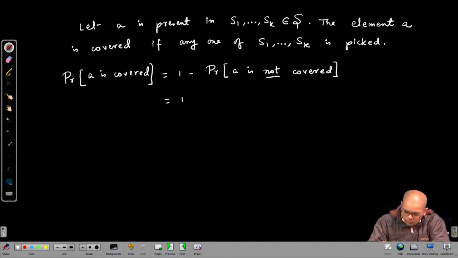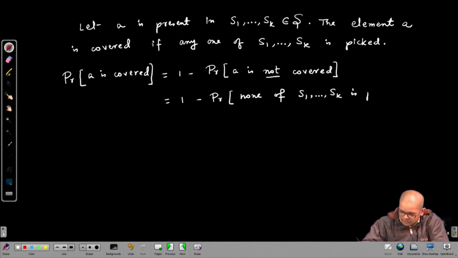This is 1 minus the probability that A is not covered. This will happen if and only if none of S1 to Sk are picked. This is the probability that none of S1 to Sk is picked.